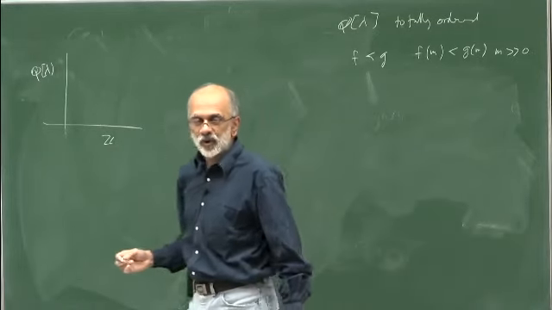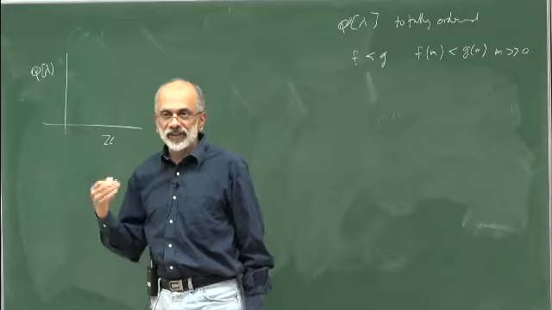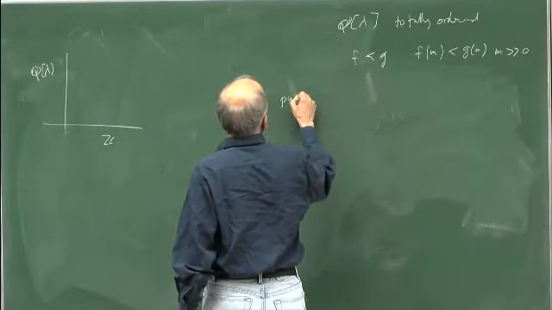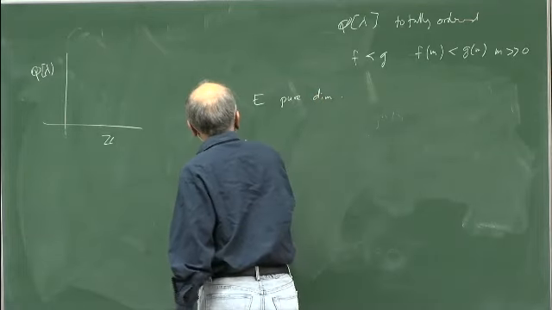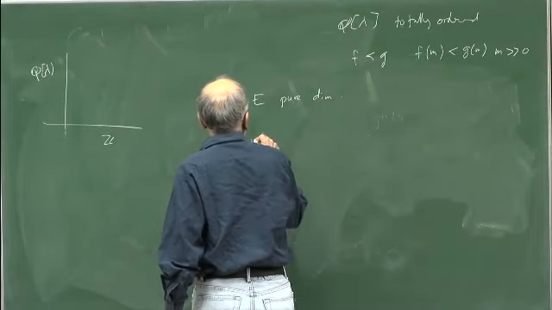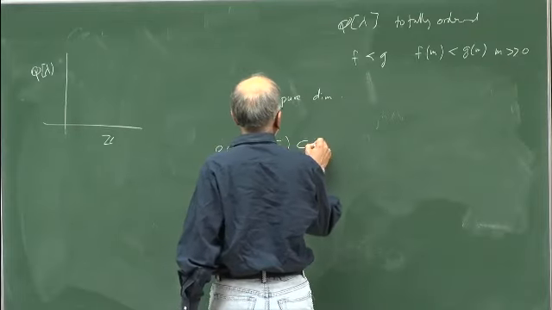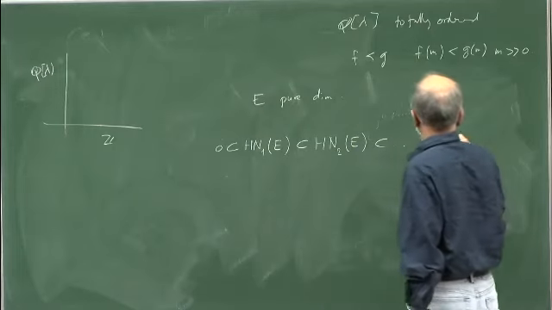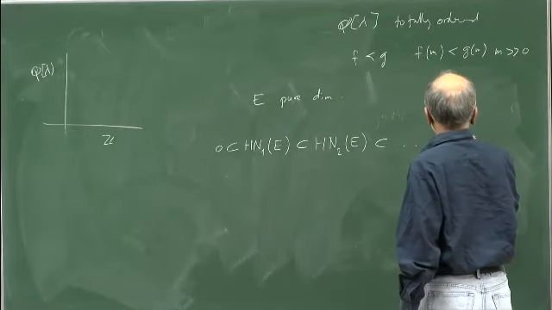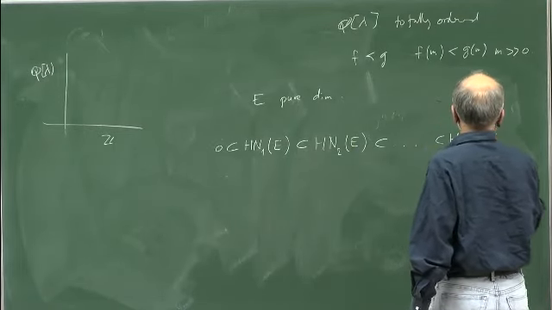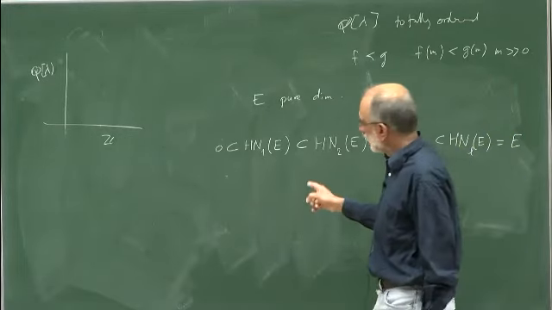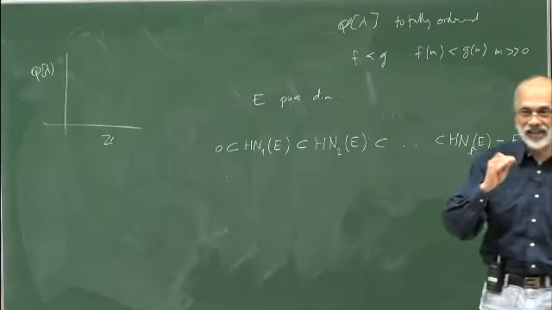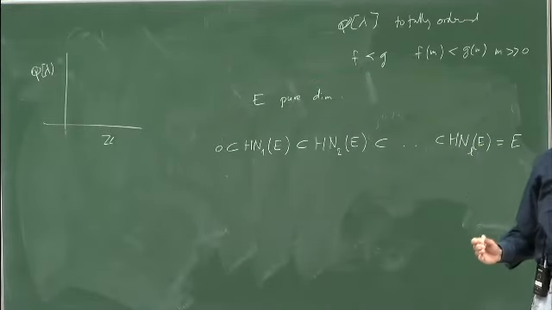And then in general, if I have a pure dimensional sheaf, it has a unique Harder-Narasimhan filtration. So E is pure dimensional. Then it has a flag of coherent subsheaves. Being its subsheaves, they will of course all be pure dimensional of the same dimension D. And they have the property that the corresponding Hilbert polynomials of the graded pieces decrease.